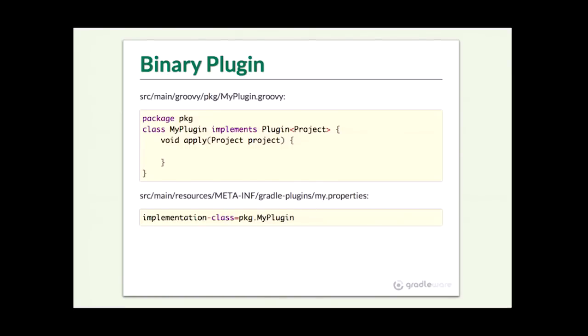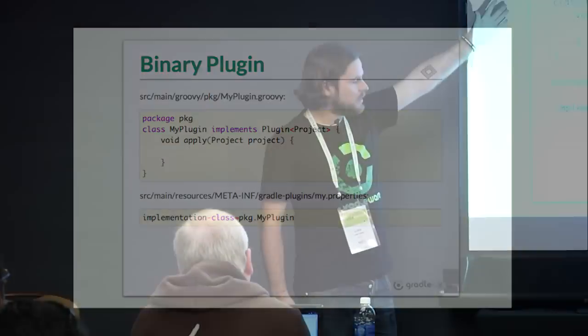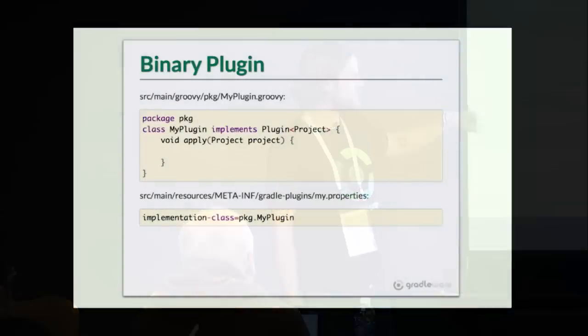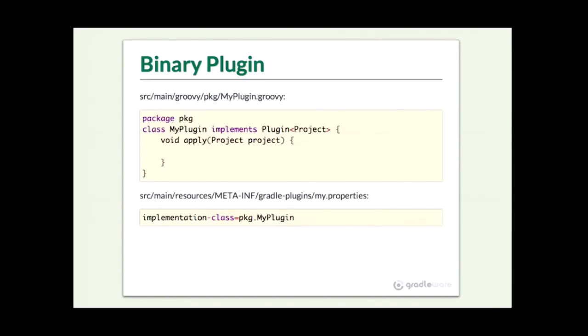So once I have this class wrapper, the other thing I need to do, I don't strictly need to do it, but the idiomatic thing to do, and a nice thing to do for convenience, is we provide this descriptor, which is really just an indirection between a nice short name for my plugin and the implementation. Right, so I have my class somewhere. Here it's just a Groovy class that I'm building into a jar.